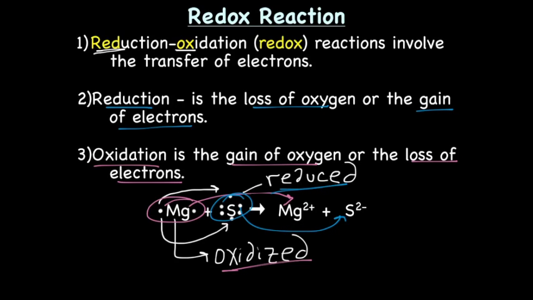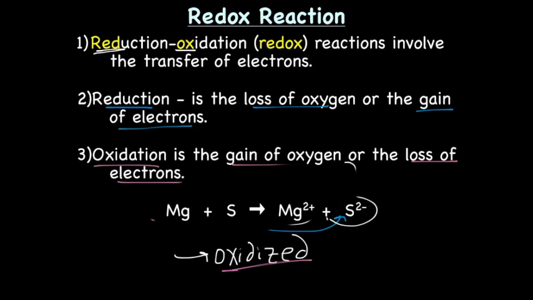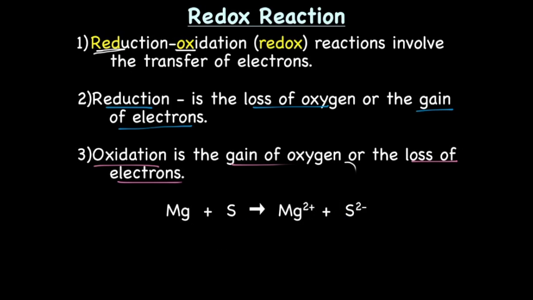Truthfully, when we write this equation, we wouldn't put in, at this point, the Mg2+ and the S2-. So let's get rid of some of this stuff and write what the equation would really look like. We would have Mg plus S produces MgS, right? Because this 2+ and 2- are going to hook up.